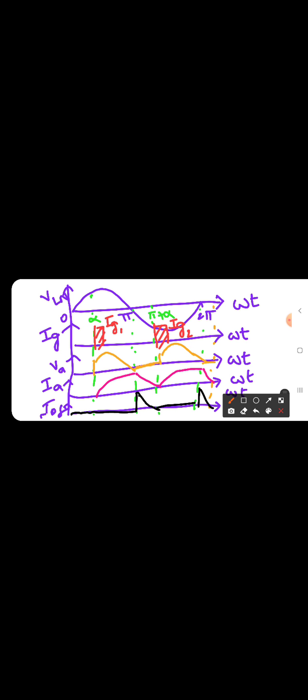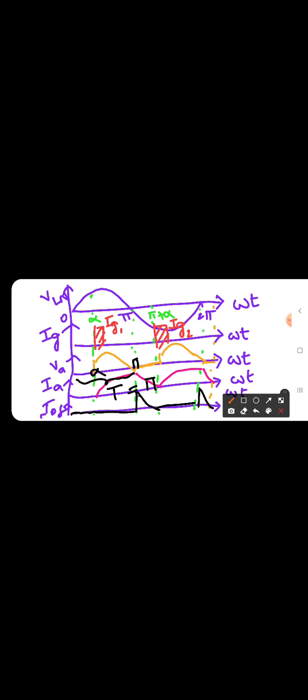Now let us derive the expression for the average output voltage. Here the time period is pi. Over the period pi, the output voltage is there from alpha to pi only, which is equal to the input voltage.